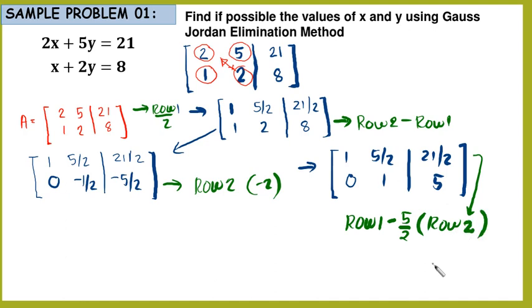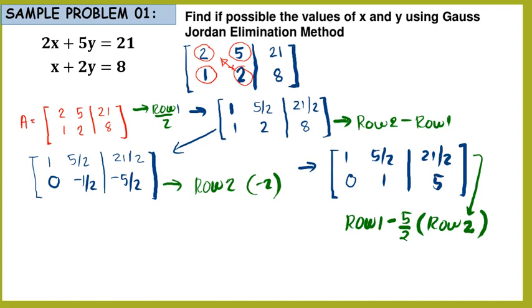So what I did here, if I multiply my row 2 by negative 5 over 2, and then subtract it from my row 1, this value, the element there, will become 0.